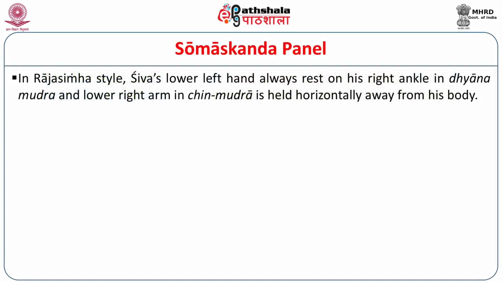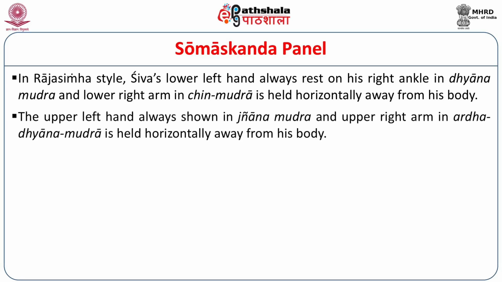In the Rajasimha style, Shiva's lower left hand always rests on his right ankle in Dhyana Mudra, and the lower right arm in Chinmudra is held horizontally but away from his body. The upper left hand is always shown in Jnana Mudra and the upper right arm in Ardha Dhyana Mudra is held horizontally away from his body.